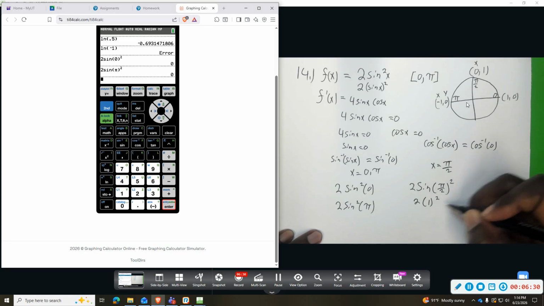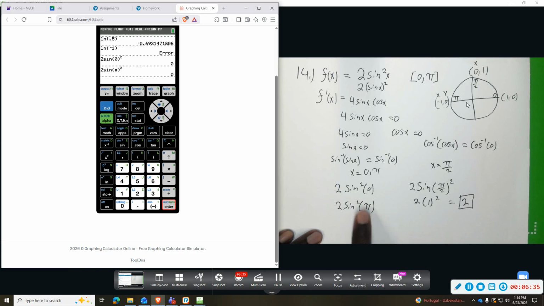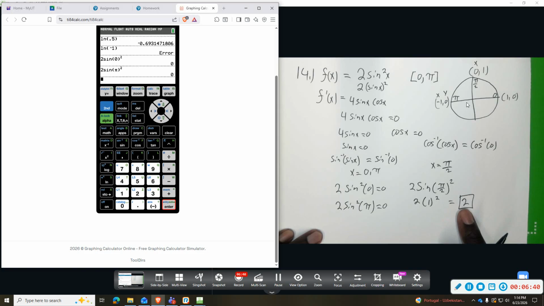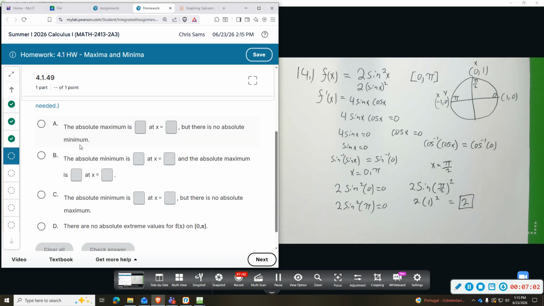So we get minimum values of 0 for both of these, and a maximum value of 2 at the critical value pi over 2. Just to reiterate, 2 times sine of pi divided by 2, and this whole thing squared, we get an output of 2. So the absolute maximum value, the highest value we get, is 2.